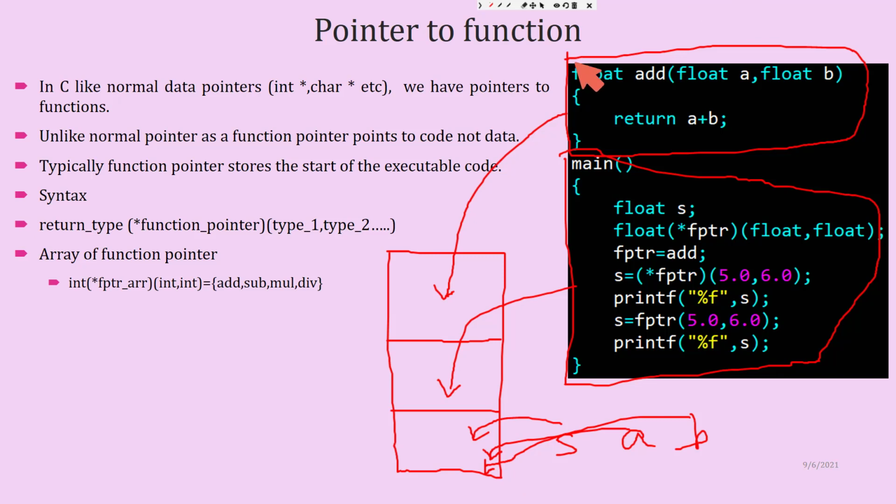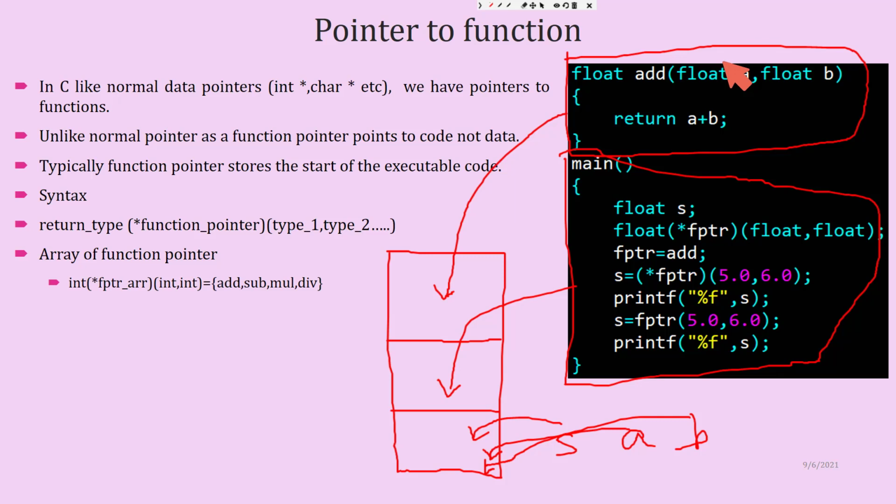So our point of discussion is this function also will be in memory. It will be stored in some bytes, some memory location. Since it is in memory, it will have some address. So what will be pointer to function? If we store that address of a function in some variable, we can call that variable a pointer to function.